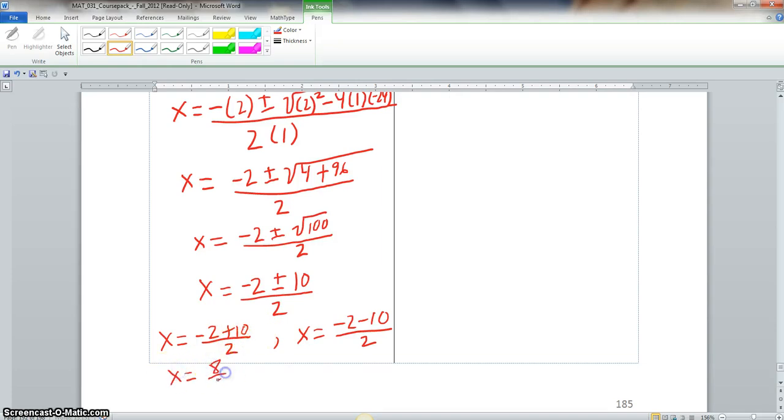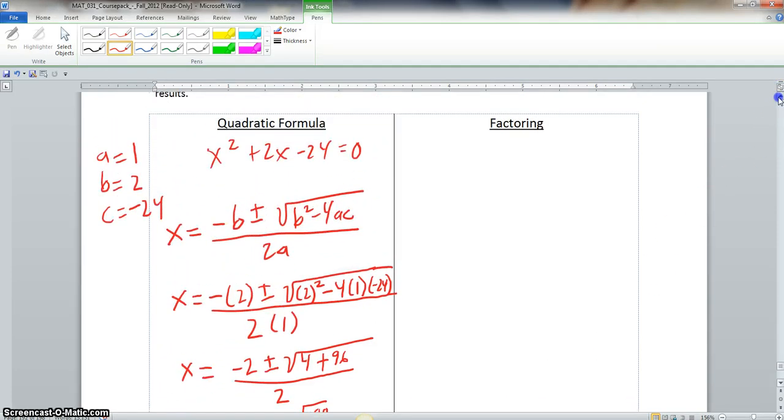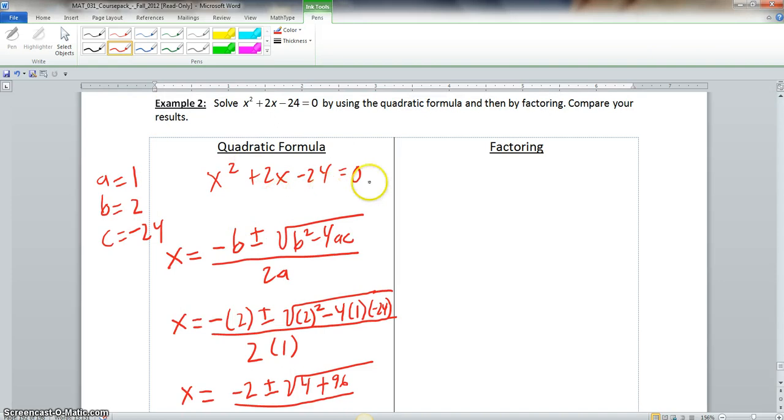So this will give us 8 over 2, which we know is 4, comma. Now we go here. We have negative 2 minus 10, which we know is negative 12, divided by 2. And negative 12 divided by 2 will give us negative 6. So our final answer here is 4 and negative 6. And if you put this back into the equation, 4 and negative 6 will actually work.